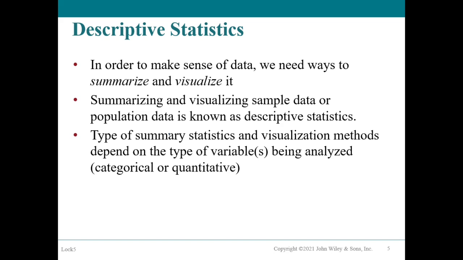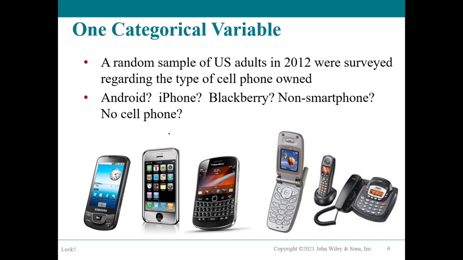If we have categorical variables, then the way we need to summarize and visualize changes. If we have quantitative data, then things are going to be a different story. So we have to learn these two different types of variables in different sections.